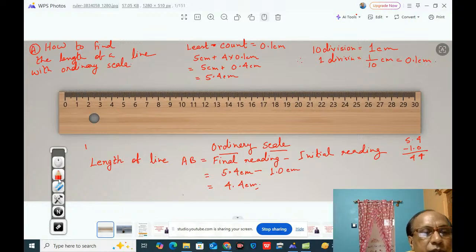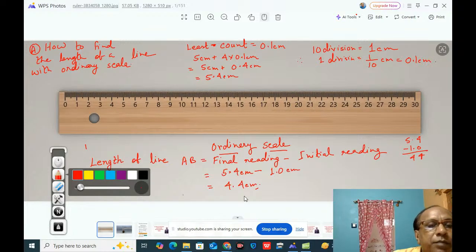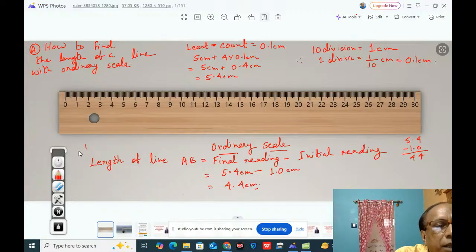I'm starting from 0. Then what will be the value? Suppose I am starting from this value, starting from 0, and we are getting this line. Suppose it is after 6, it is 4 divisions, right?